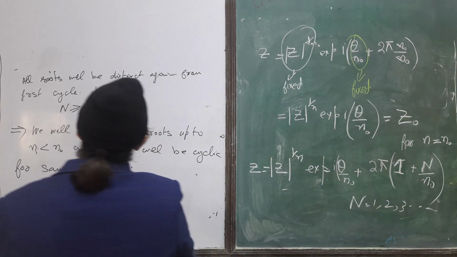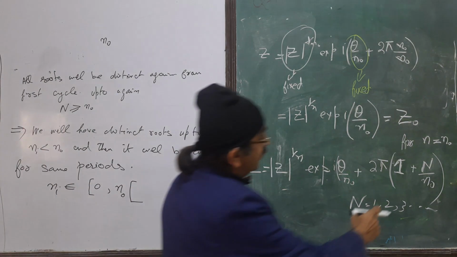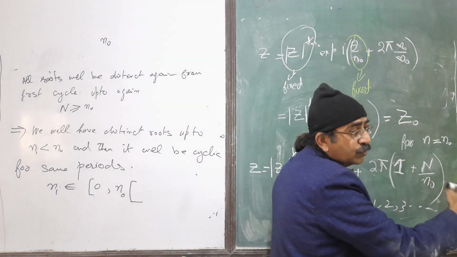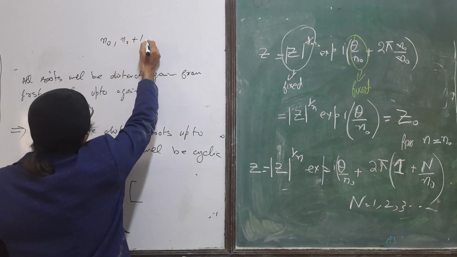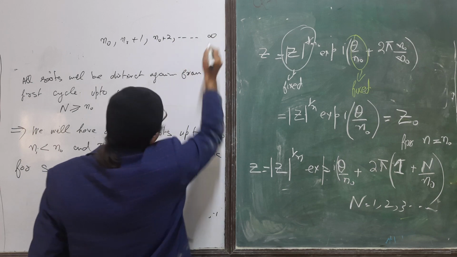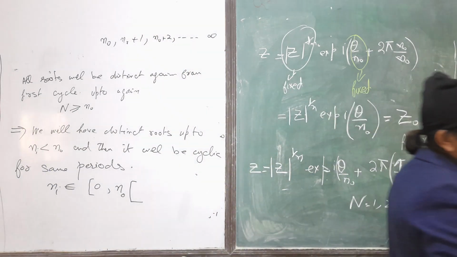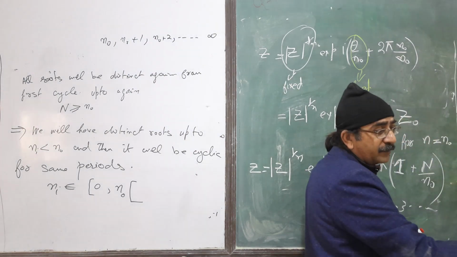There was a series. Firstly n naught, this n is 0, meaning at that time it is not there, we have removed that. Here n naught plus 1, n naught plus 2 up till infinity. That is all. Up till this becomes again, then this will be added. That means this again becomes 2, and then the natural numbers start again.